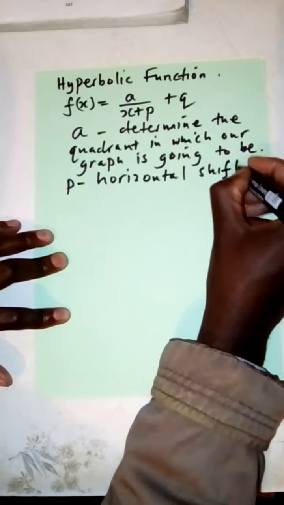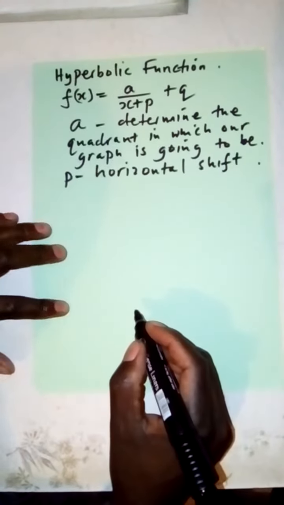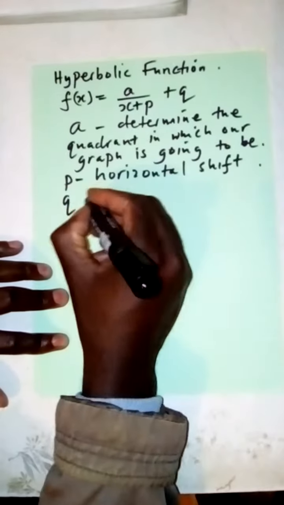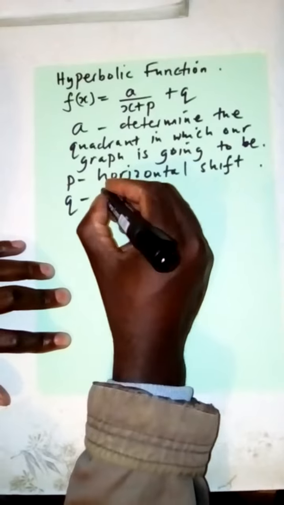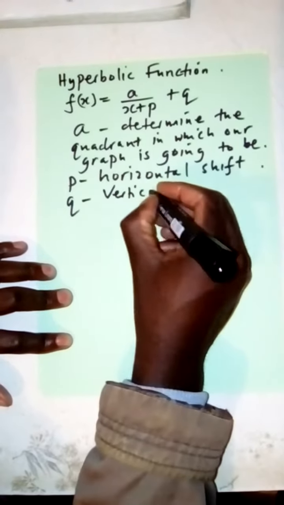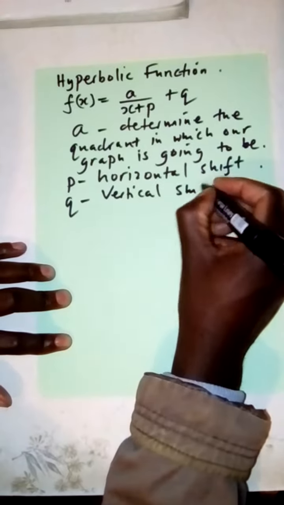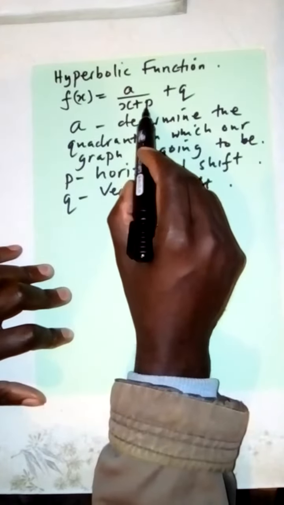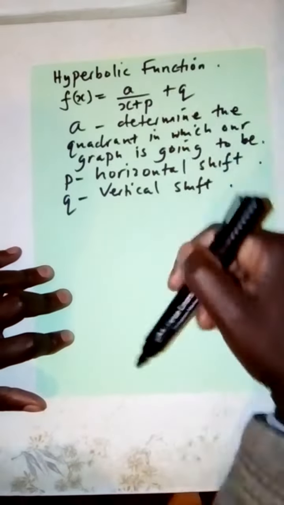The Q that we have there, the letter Q, stands for the vertical shift. P is the horizontal shift, whereas Q is the vertical shift.